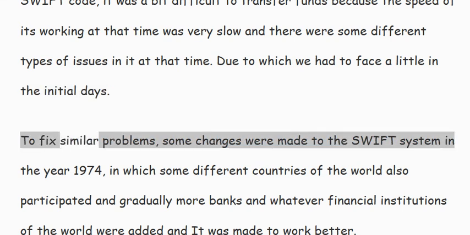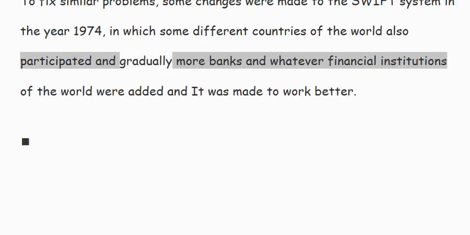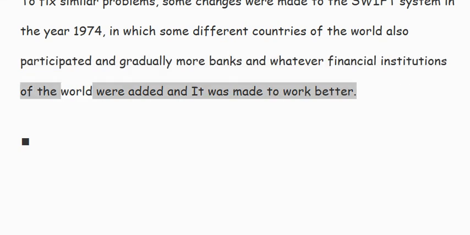To fix similar problems, some changes were made to the SWIFT system in 1974, in which some different countries of the world also participated, and gradually more banks and financial institutions of the world were added, and it was made to work better.